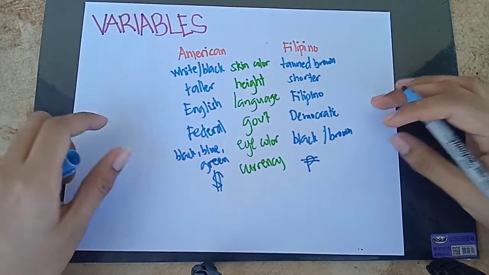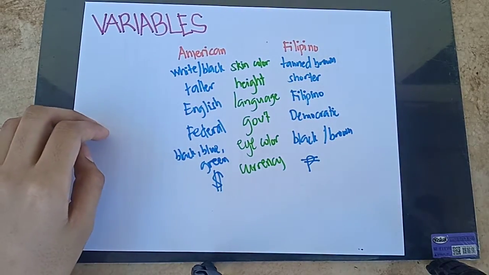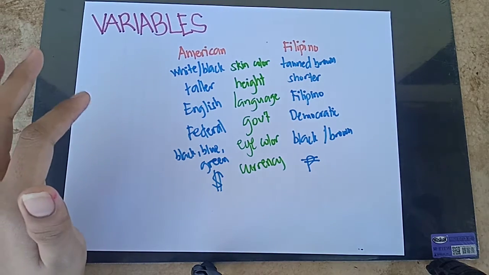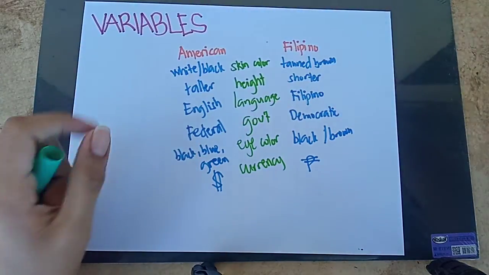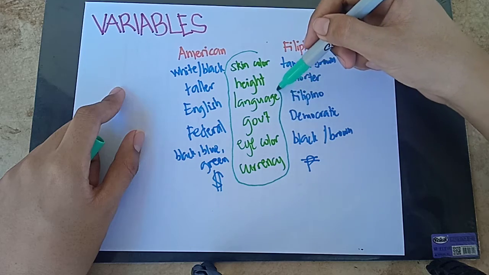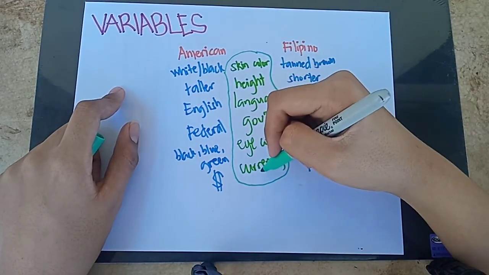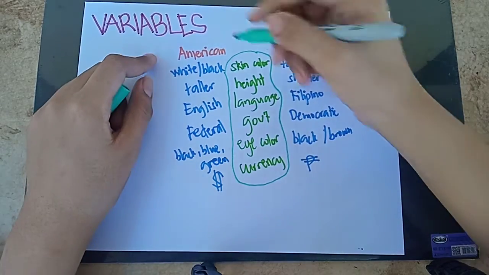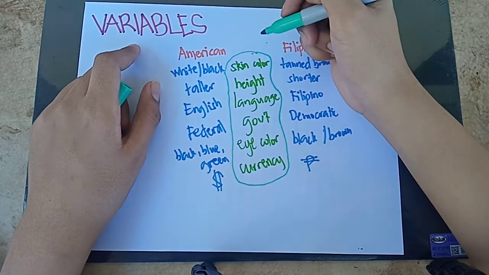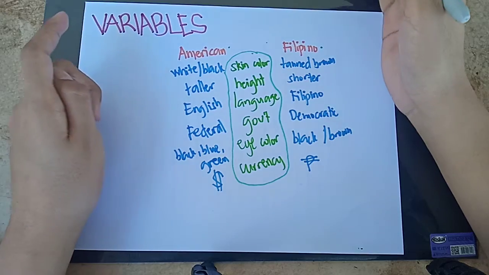Okay? Now, using this illustration, how can we define variables? Take note of these distinct characteristics. Can we say that these characteristics made Americans and Filipinos differ from one another? Can these characteristics differentiate American from Filipino? Obviously, yes.